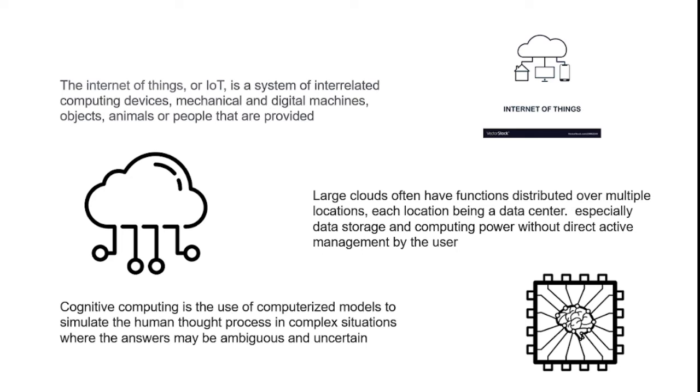Cognitive computing does the same thing. It is the use of computerized models to simulate the human thought process. I already told you what the thought process is, which can arise from our experience, for example in surface roughness prediction in machining operations. So in complex situations, we can utilize cognitive computation in the manufacturing process also.